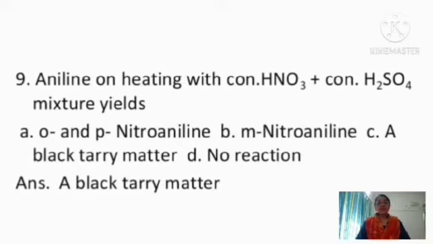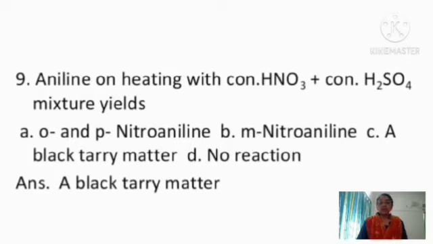Again, in acidic medium, protonation can take place at the amino group present in the aniline and it results in the formation of an anilinium cation. Actually, this anilinium cation deactivates the benzene ring towards electrophilic substitution reactions.